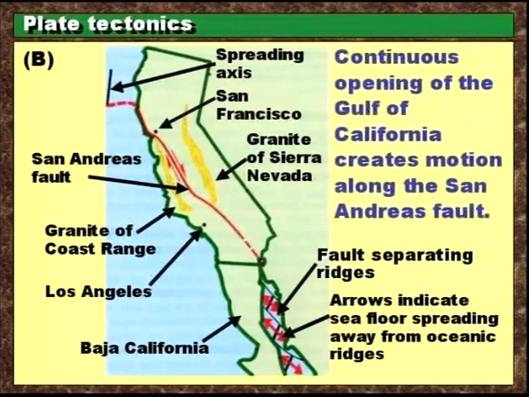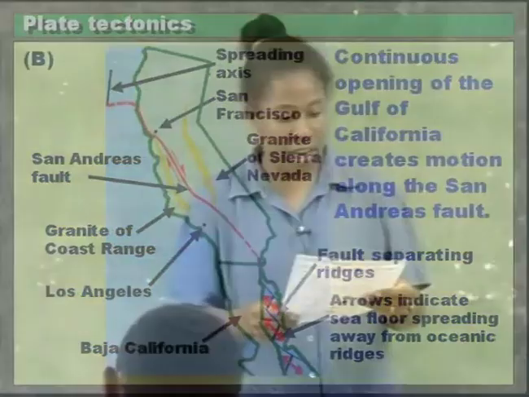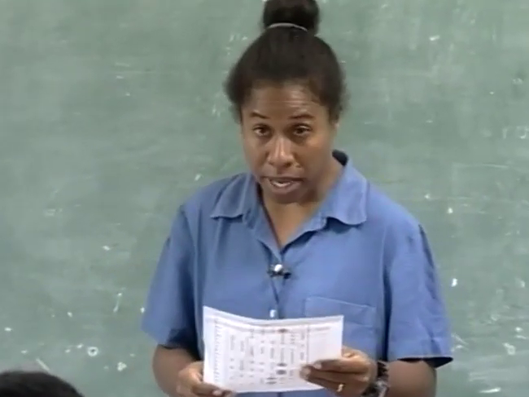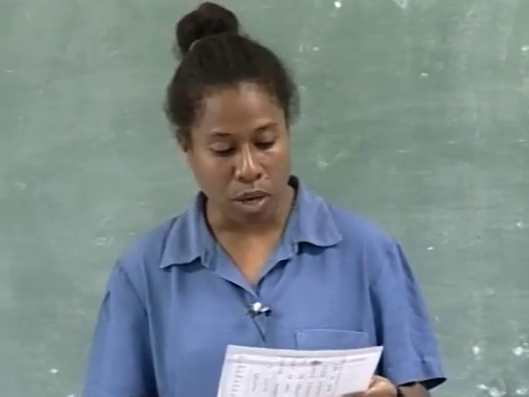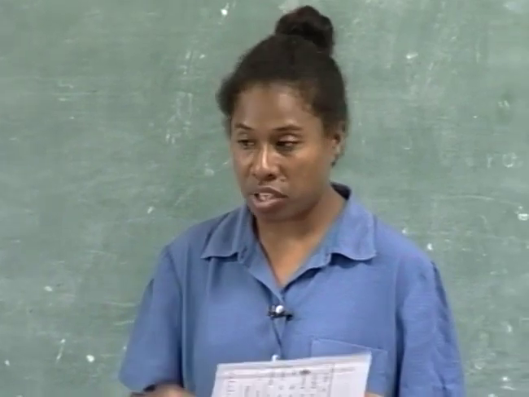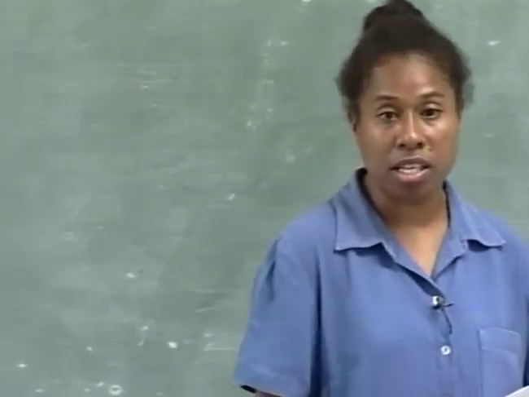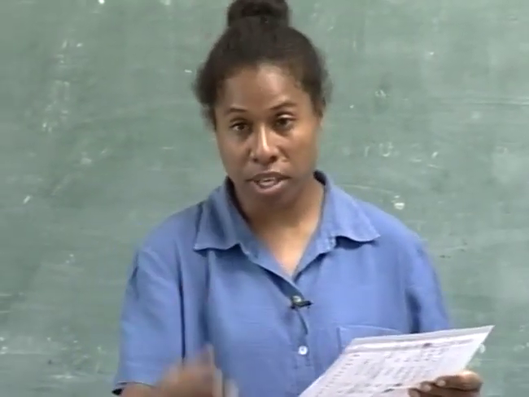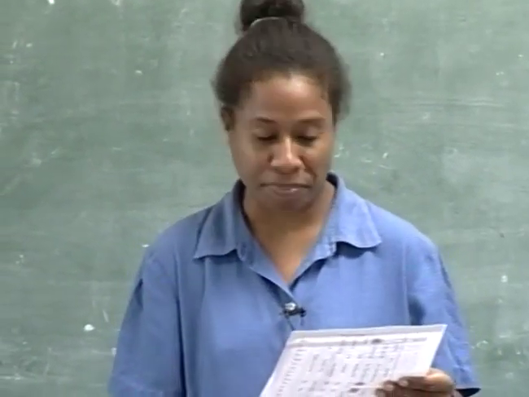And it tells us that the movement is at an average rate of about 2 centimeters per year. You can check 2 centimeters on your ruler and see how big that movement is per year.